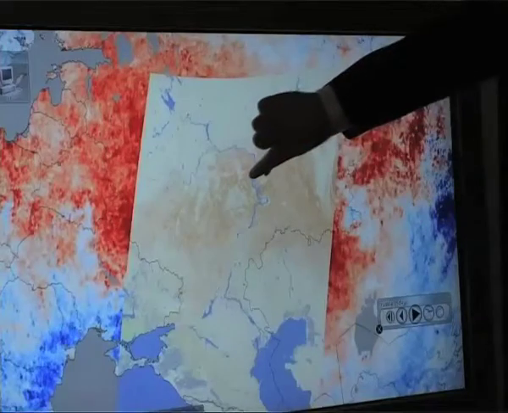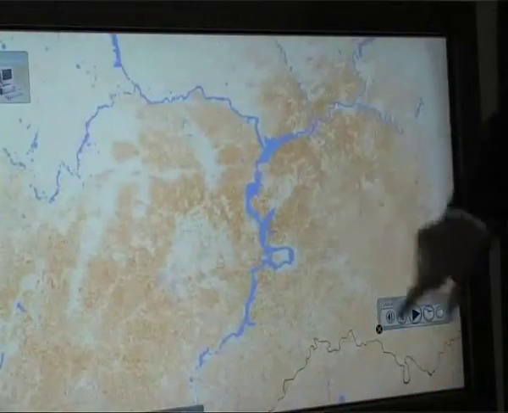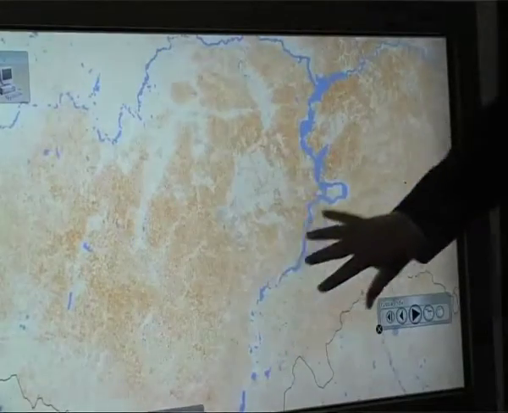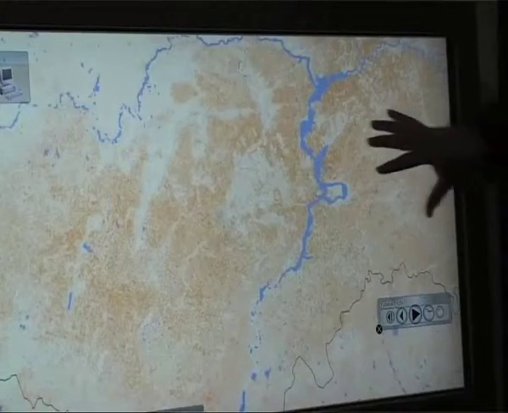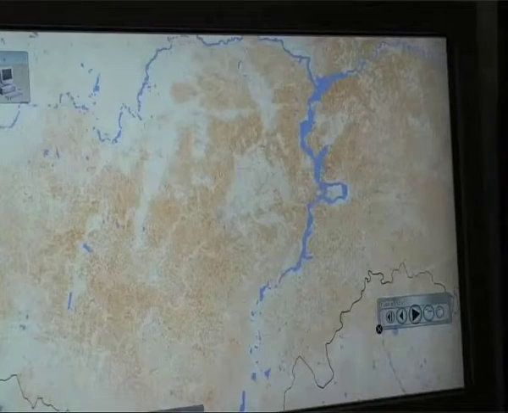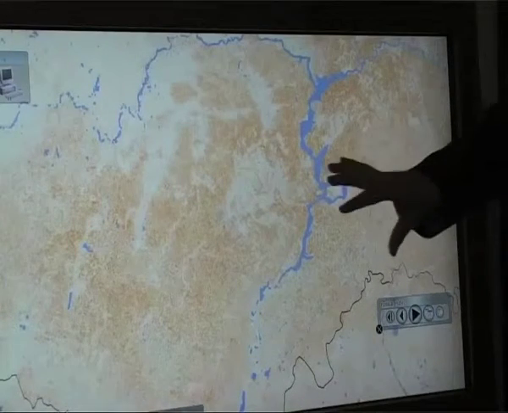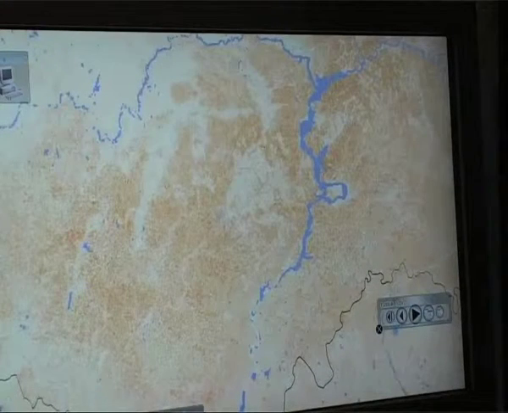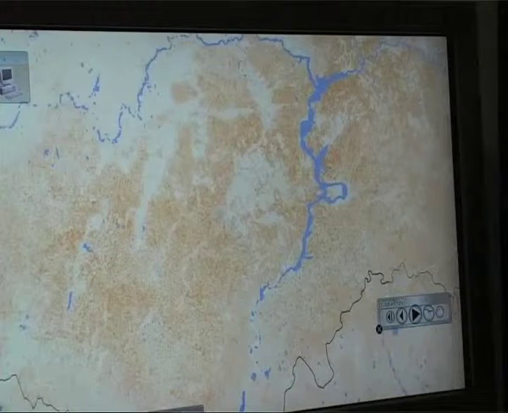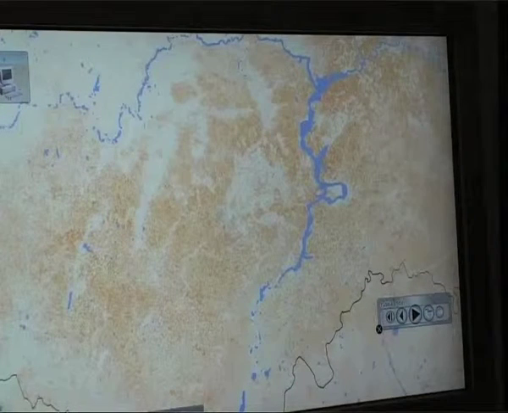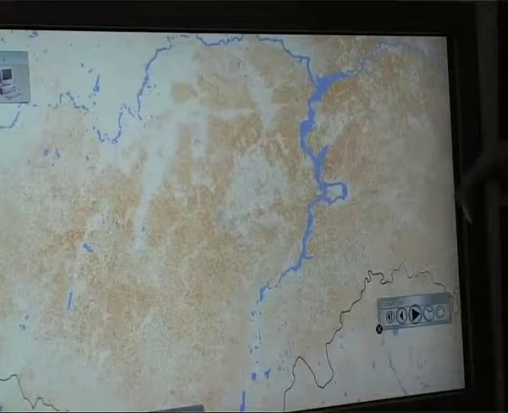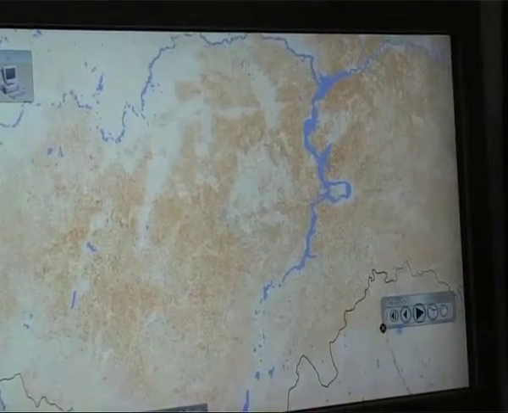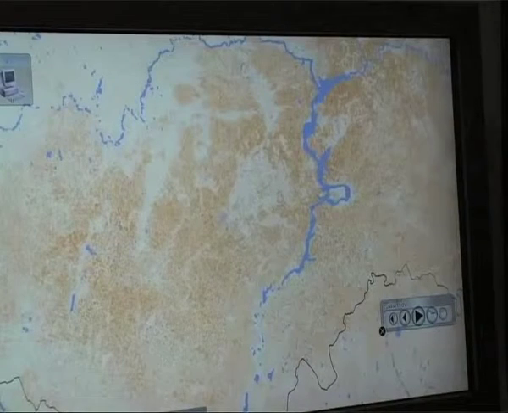This imagery is normalized vegetation index imagery. So we can look at all these forests and all these plants that are growing, and we can see which ones are stressed because they don't have enough moisture. The process of photosynthesis is shutting down because they don't have enough water and moisture. So they're under a massive drought. That's the second ingredient.